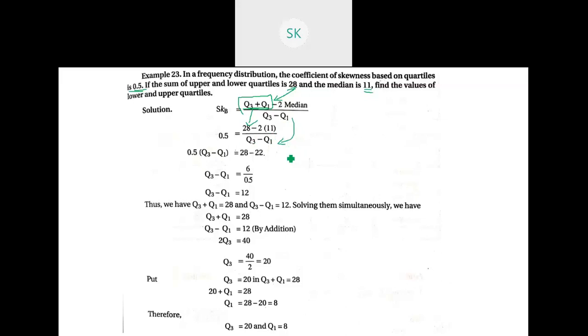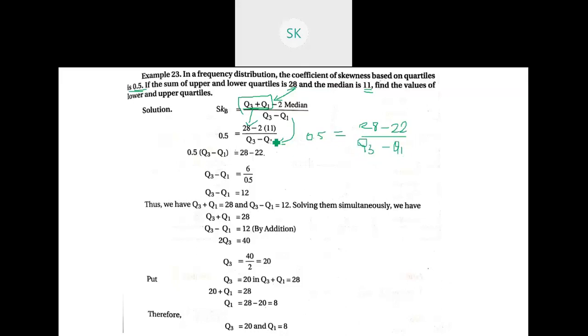Now let us simplify this. 0.5 will remain as it is. 28 minus 2 into 11, which is 22, divided by Q3 minus Q1.